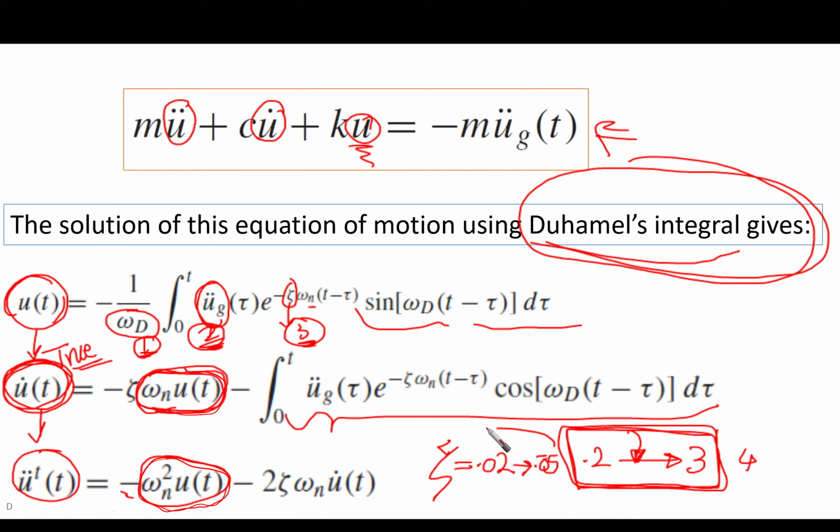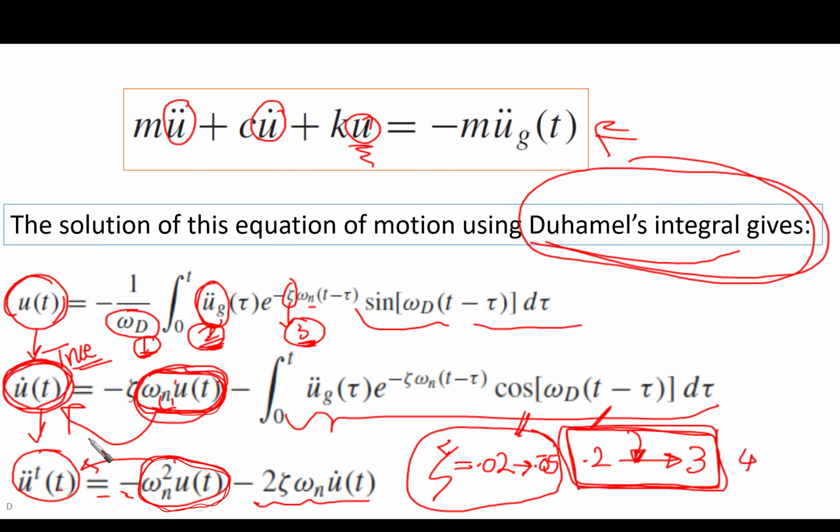This is another range, the damping range. Based on these two ranges, we found that omega n U of t will almost equal U dot of t, and for this equation, omega n squared U of t almost equals U double dot of t. So this term is going to vanish and this term is going to vanish, and only these two terms are going to be dominant here.